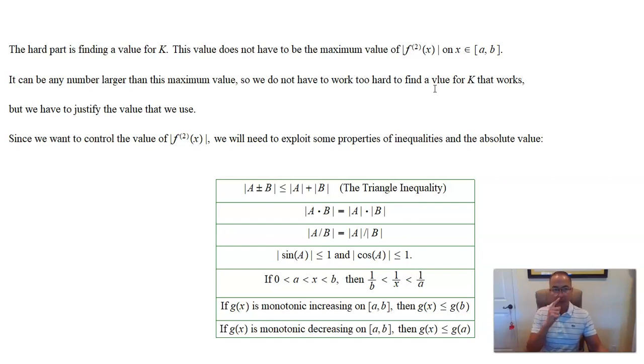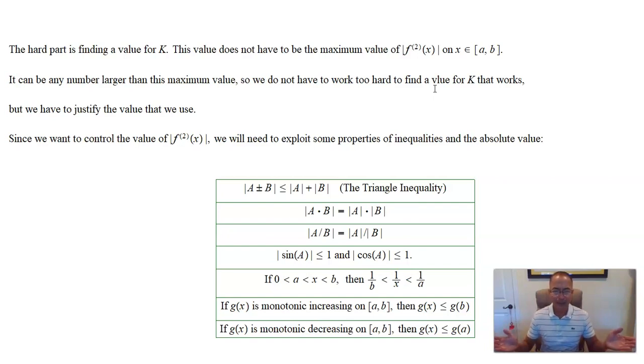However, we don't have to work that hard, because to do the extreme value theorem, you have to take another derivative, set it equal to 0, find the critical points, too much work. All we need is any positive number so that the absolute value of the second derivative is at most that number.